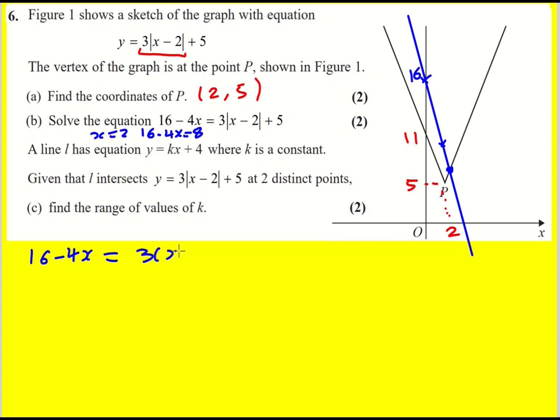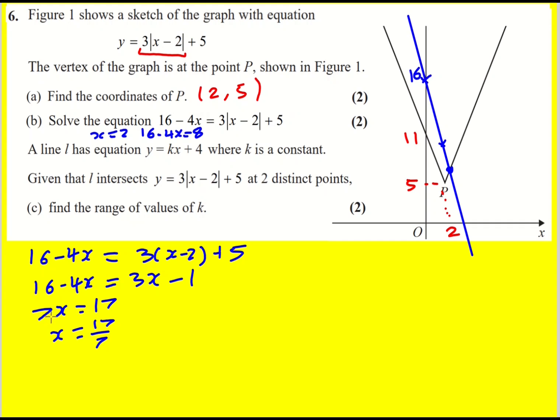So just 3x minus 2 plus 5, which becomes 3x minus 6 plus 5, so 3x minus 1. And then I get 7x equals 17, so x is 17 over 7. That is our only solution, and you could put that back in and you would see that it worked.